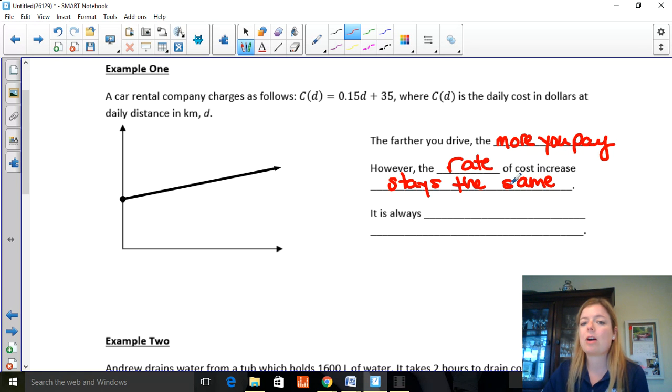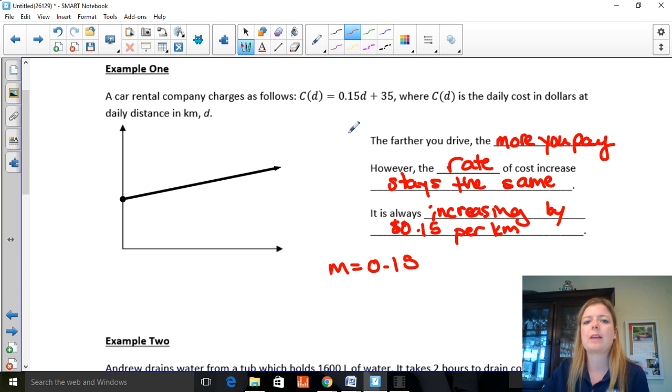So that means that it's a constant rate of change. So it is always increasing by 15 cents per kilometer. Okay, so this is a constant rate of change of 0.15, which again, we can see is m in the formula, and that would also be equivalent to the slope of this line.